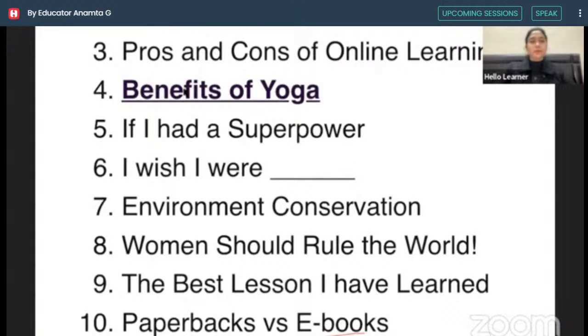Okay. Who's next? Yes, ma'am. Amit, please go ahead. Ebooks are good for the environment, and we save paper. I listen, ma'am, when we cut one tree, we make 400 papers from one tree.